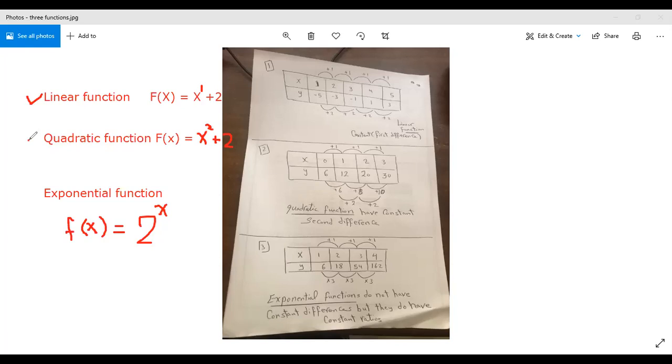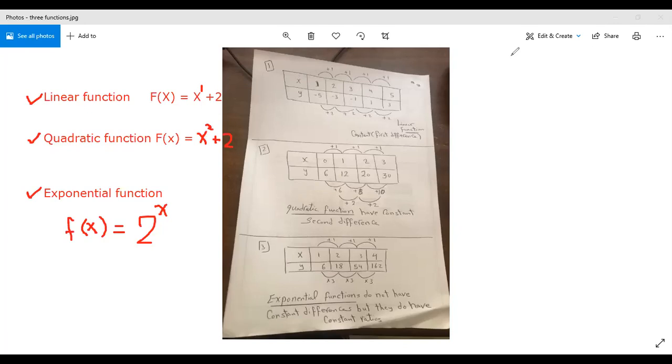Quadratic function, we have x to the power of 2, and also we have x as a base. And the third one is the exponential function, and we have the exponent here as a variable x.